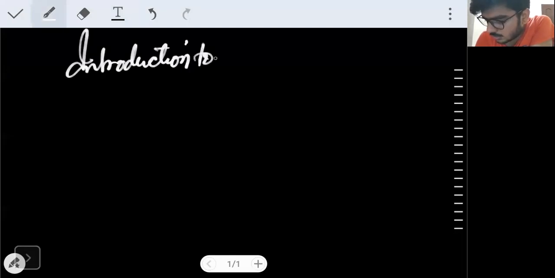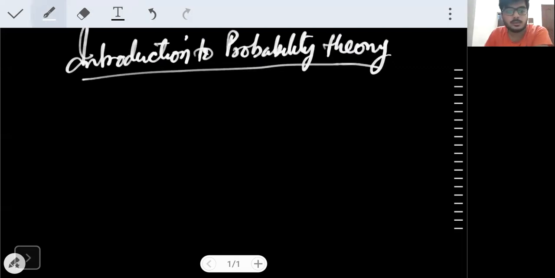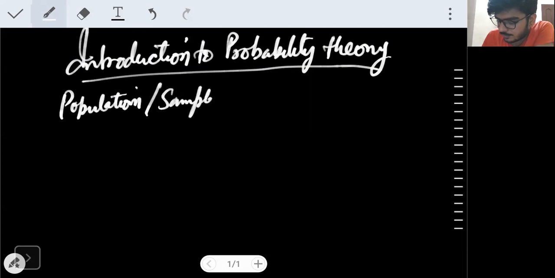Introduction to probability theory. Here we'll be discussing population, sample space. Also, we'll talk about data.